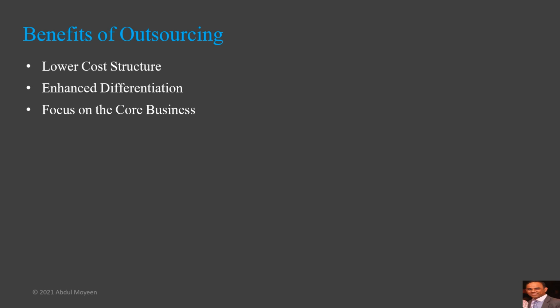So the benefits are: number one, lower cost structure. Outsourcing will reduce cost when the price that must be paid to a specialized company to perform a particular value chain activity is less than what it would cost the company to internally perform that activity in-house.